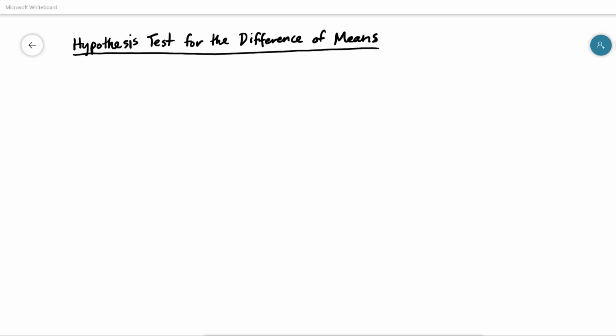So oftentimes, this type is used when people are actually running a real experiment.